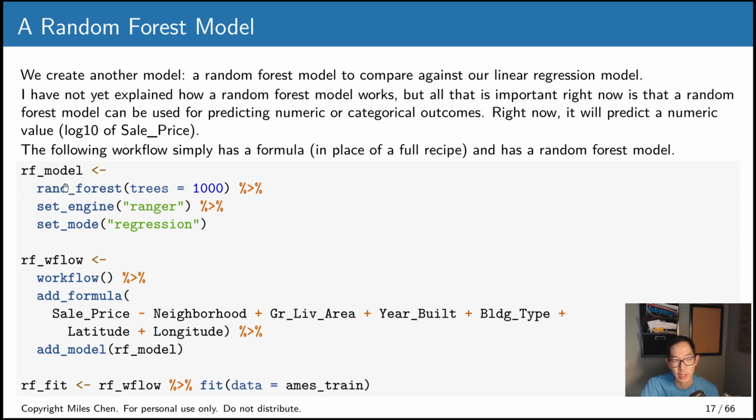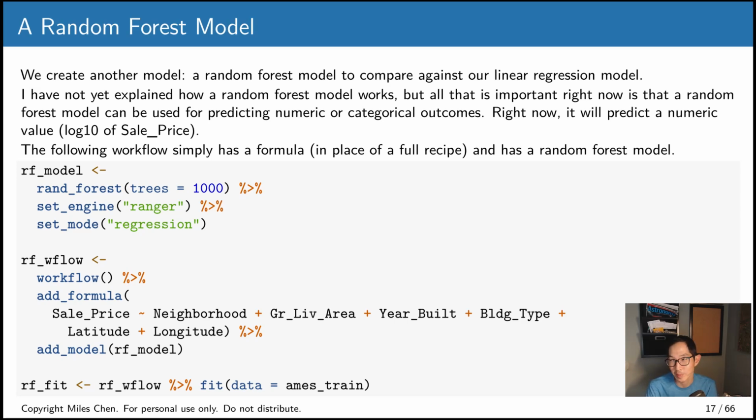Our random forest model, we're going to specify as a random forest. This is in Parsnip. If you want a random forest model, you call rand_forest. You can put in a few options, such as how many trees you want in your forest. You can set your engine. There are a few different engines.